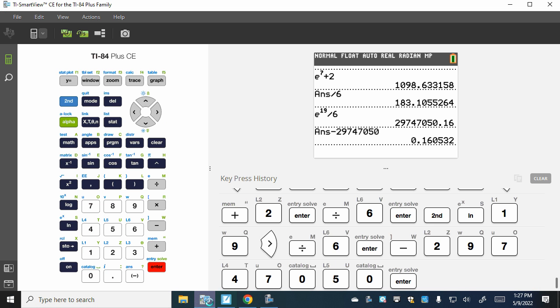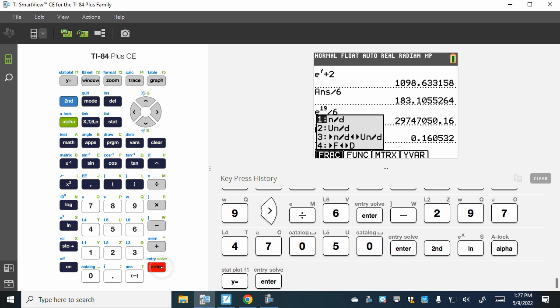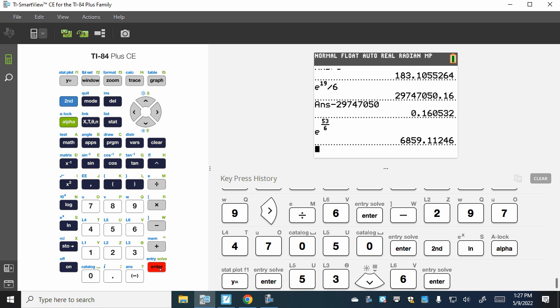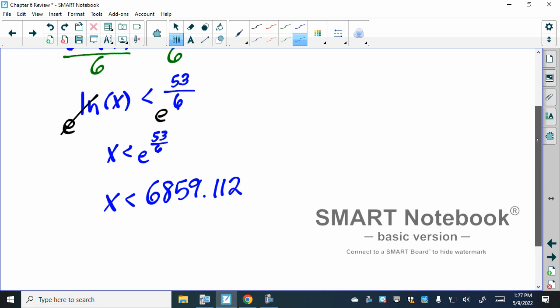So we can go second ln to get e. Then we can say alpha y equals, enter to get our fraction, 53 over 6. You get 6,859. So we get this here.